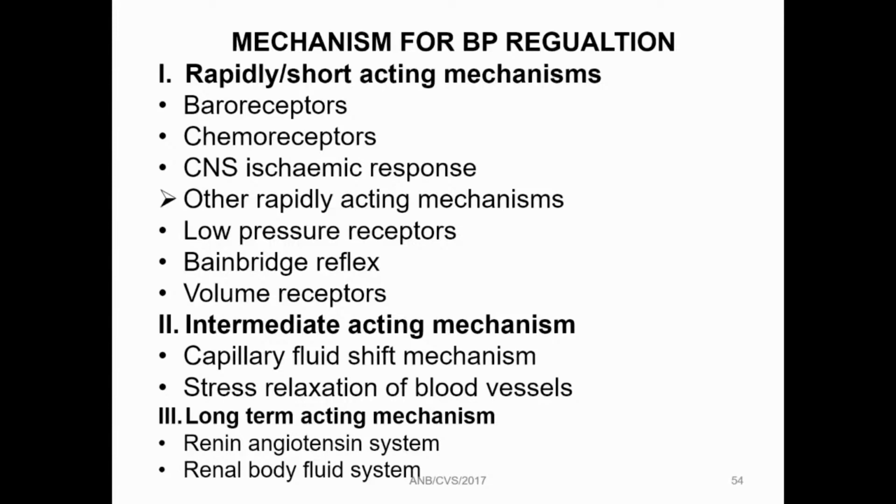However, traditionally we used to teach this regulatory mechanism under three different classes. There are three categories of mechanisms for blood pressure regulation: rapidly or short acting mechanism, intermediate acting mechanism, and long-term acting mechanism, depending upon the time duration taken by the mechanism to regulate blood pressure.